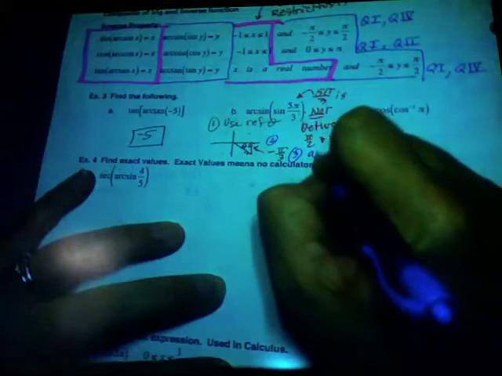So your answer ends up being, if we rewrite it, this would be number 3. You could rewrite it as arc sine of sine of negative pi over 3. So what's your answer now? Negative pi over 3.